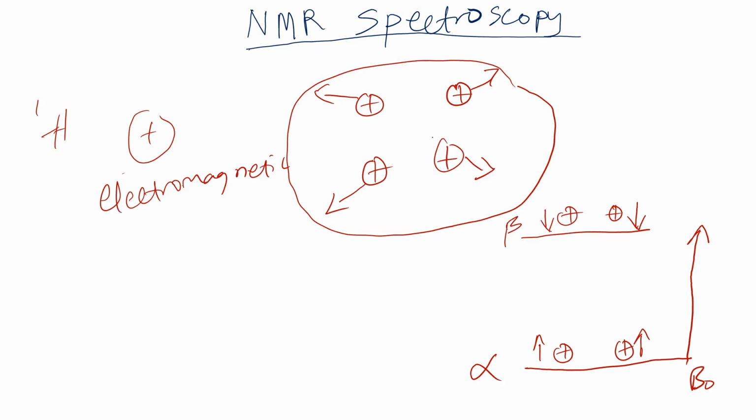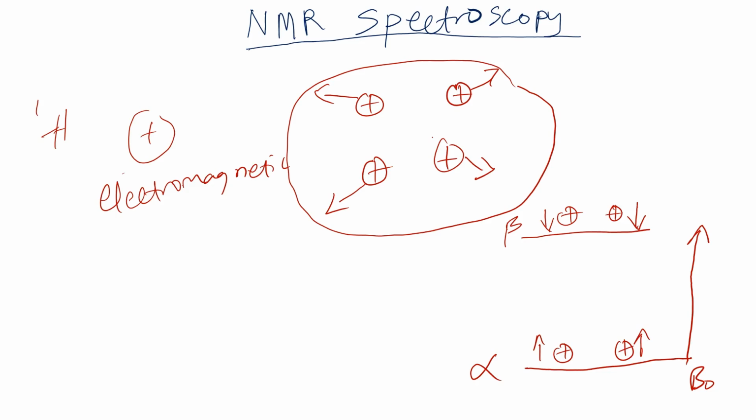Now the thing is this: in reality, most of these protons will prefer to align with the same direction as the external magnetic field. Let's use this analogy. If you are trying to swim across a river, where will it be easier for you, swimming in the same direction as the flow of the river, or opposite to it?